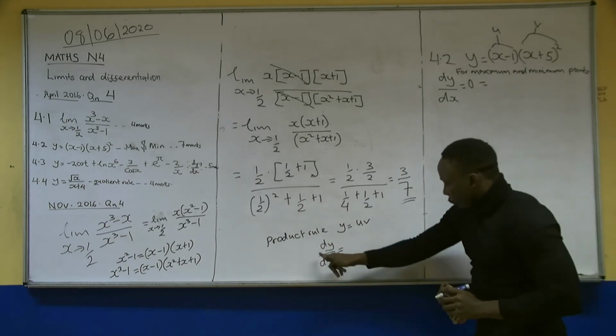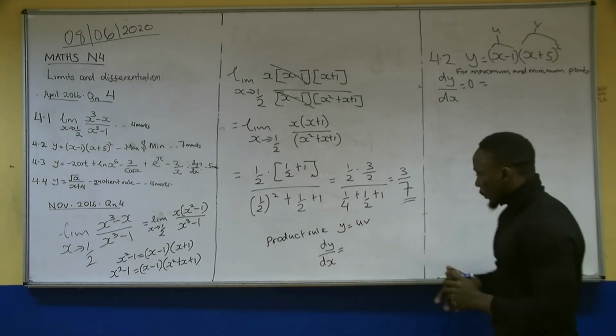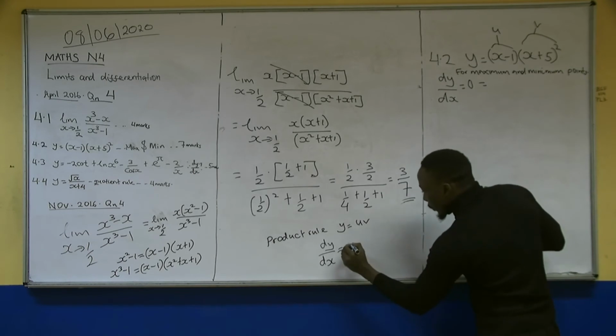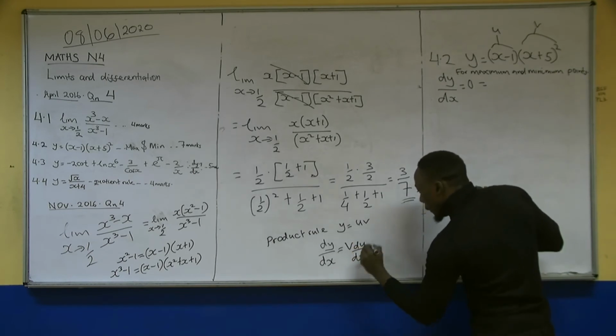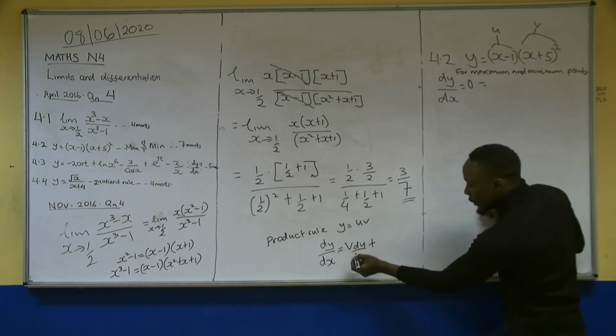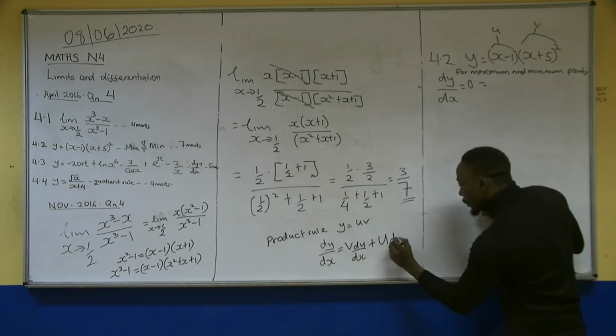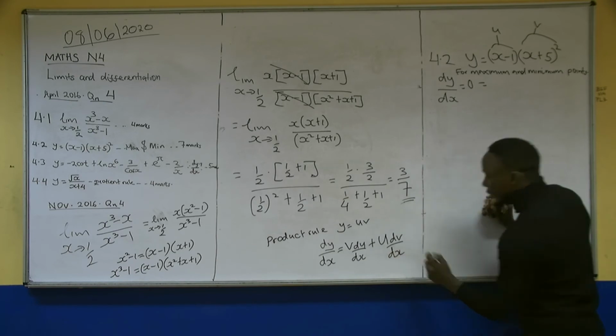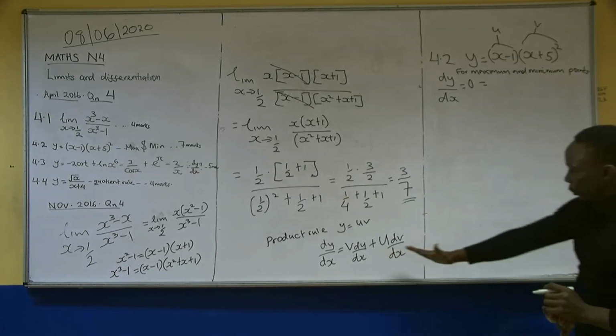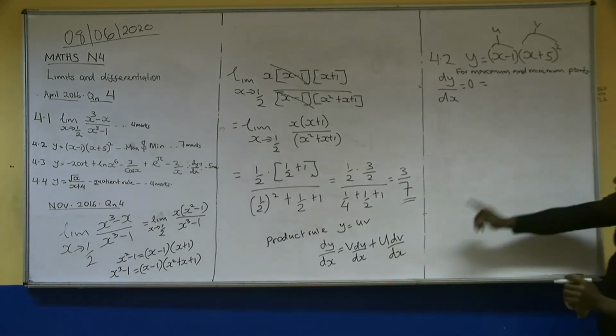If they ask you to find the derivative of these products, we maintain our v and differentiate u with respect to x, plus we maintain our u and differentiate v with respect to x. So that is the answer which we get.